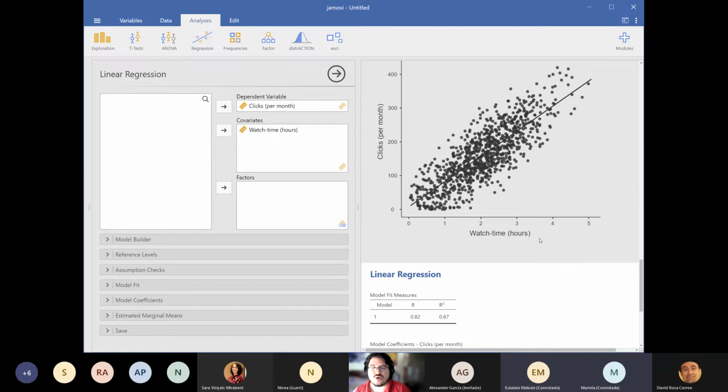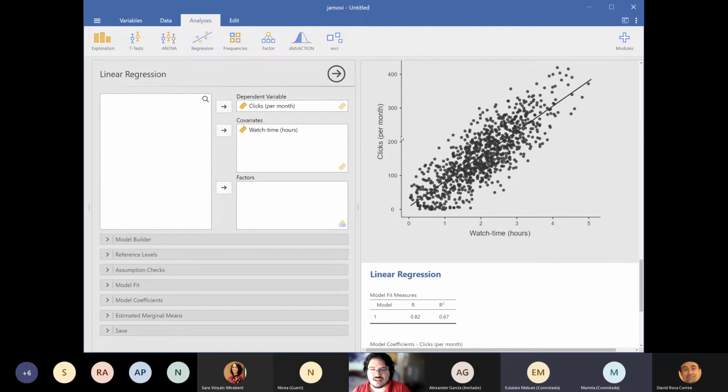Okay, so listen, this month I had these many hours of watch time of my advert. Okay, this many hours, I know, 3. And that gives me that if you draw a perpendicular line from the 3 to the regression line, it puts you around 200 or more clicks per month.